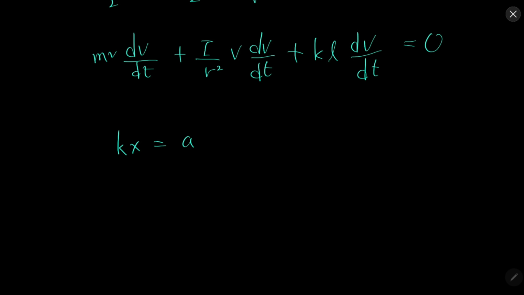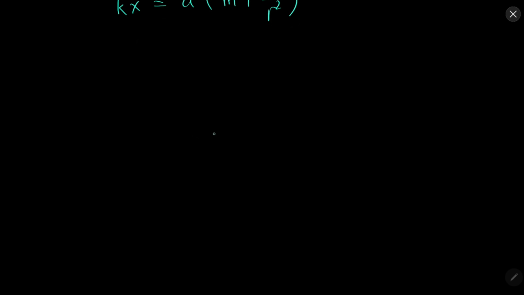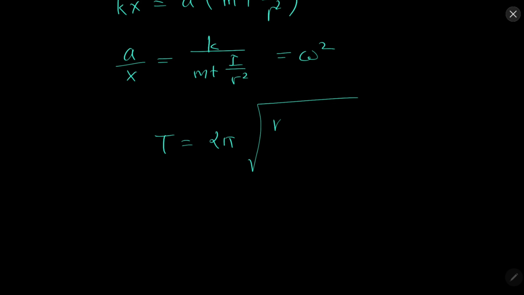So kx will be equal to a times (m plus I over r square). So a over x will be k over (m plus I over r square). It will be omega square. So T will be 2 pi root of (m plus I over r square) over k.